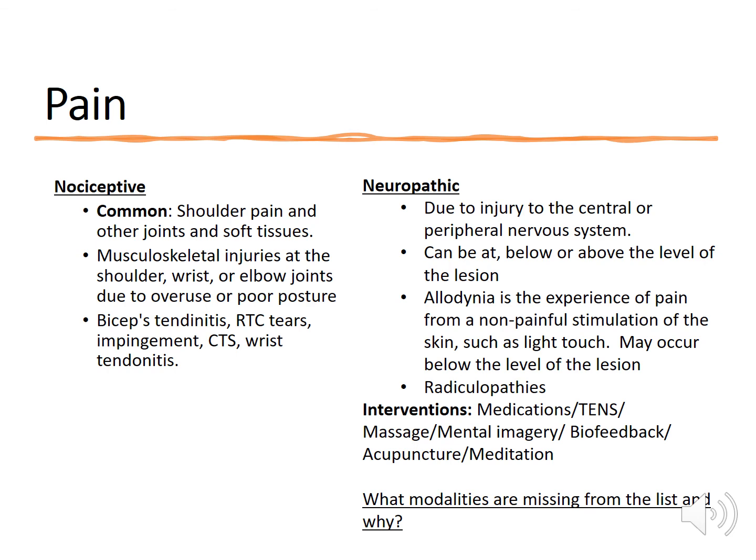So let's start with nociceptive pain. The most common areas that are painful are going to be the shoulder and other joints and soft tissues. So this pain can be in the shoulder, it can be in the wrist, the elbow, involving the capsule, the tendon, the ligament, and muscle tissue.